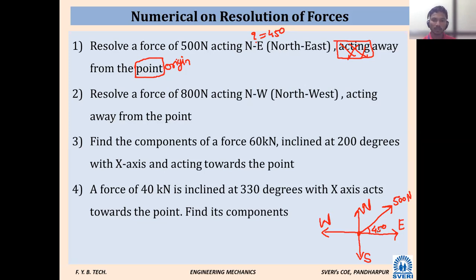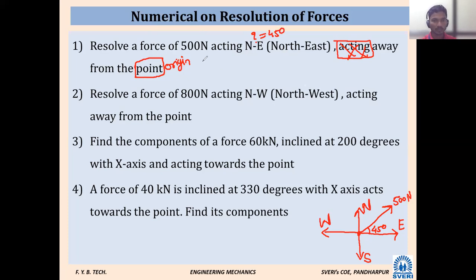Now calculate the x component and y component for this force of 500 Newton. Are you getting it?